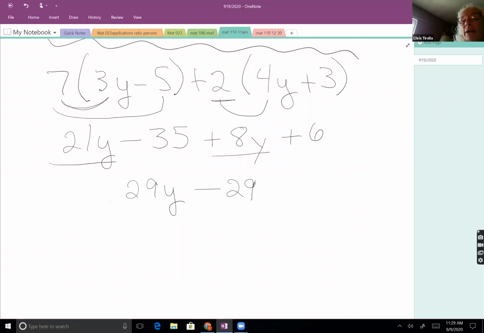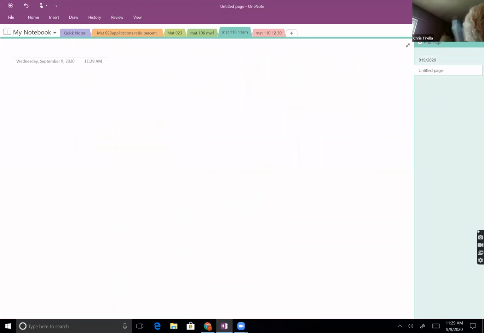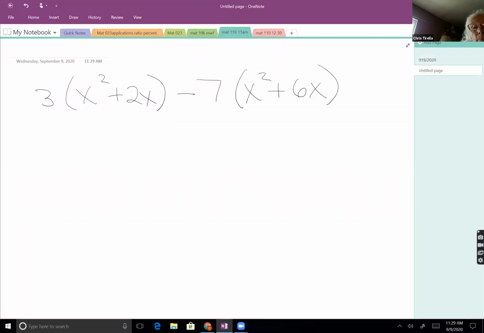I'm going to go to a new page, do some more. Next one, let's look at 3 parentheses x squared plus 2x, close parentheses, minus 7 parentheses x squared plus 6x, close parentheses. Inside parentheses, are these like terms? Can I do anything? No. So what do I do next?